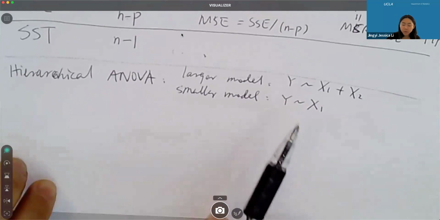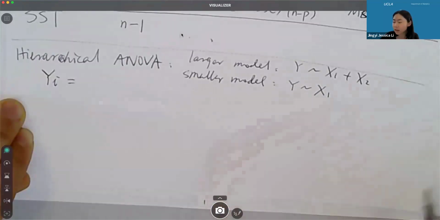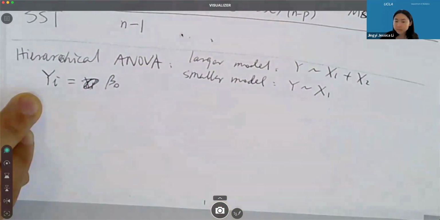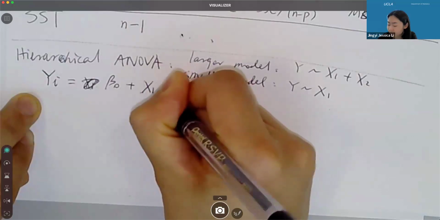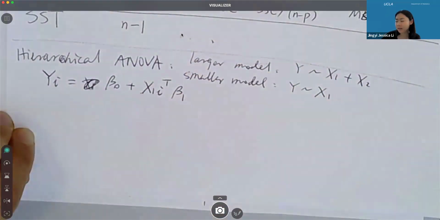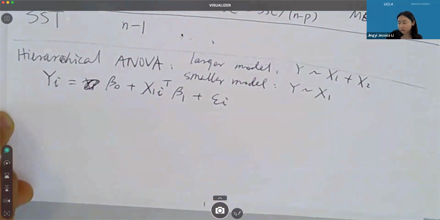For the model with X1 only, I'll keep the slope and write X1i transpose beta 1 for my ith observation, because this X1i may be multidimensional, plus epsilon i. That's one model, the smaller one.